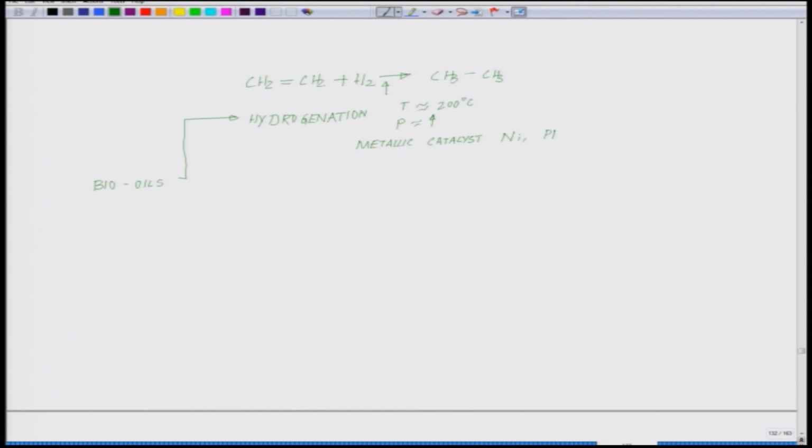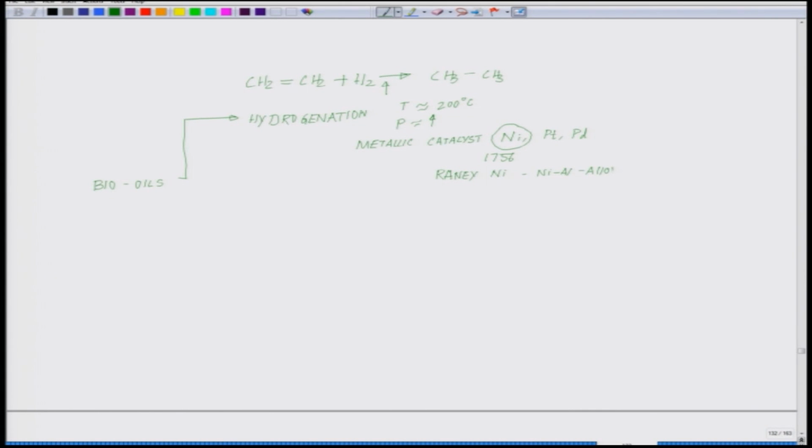You can use platinum, you can use palladium. You remember nickel, I talked to you about the discovery of nickel in 1756 by the Swedish geologist, and in laboratory conditions sometimes they use something called Raney nickel. Raney nickel is essentially an alloy of nickel and aluminum.